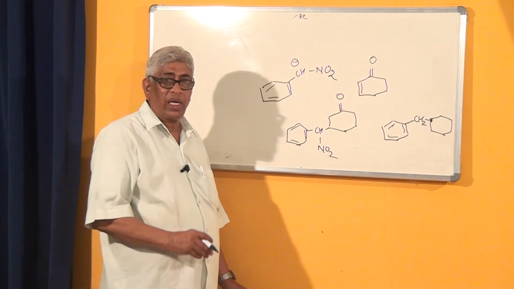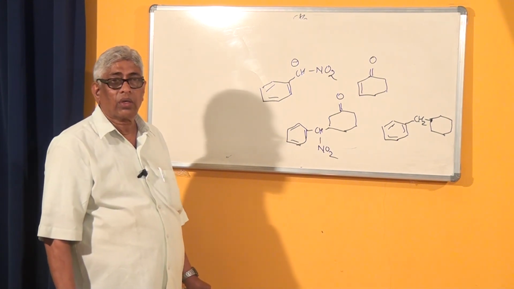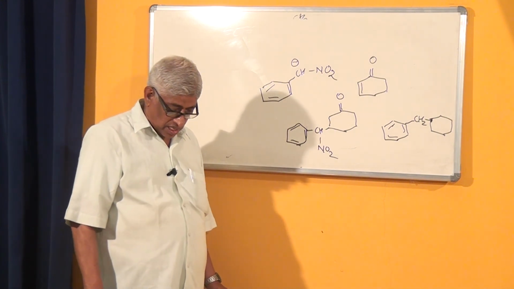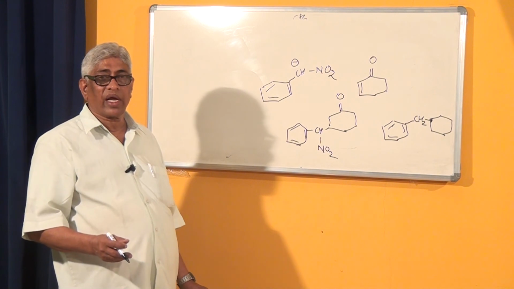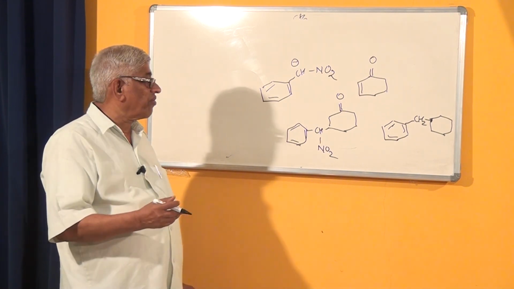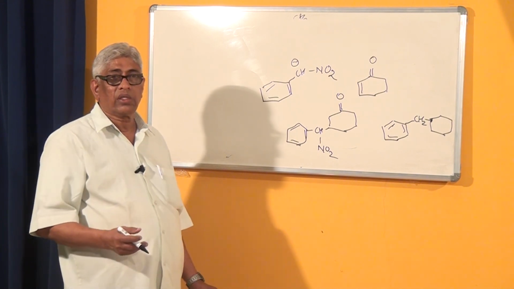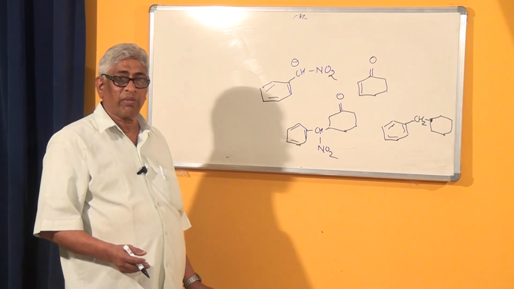Many such retrosyntheses can be carried out using various C-C bond forming reactions, and this is the importance of a knowledge of various C-C bond forming reactions and the conversion to the target molecule. These are the important aspects that are needed by an organic chemist. Thank you.